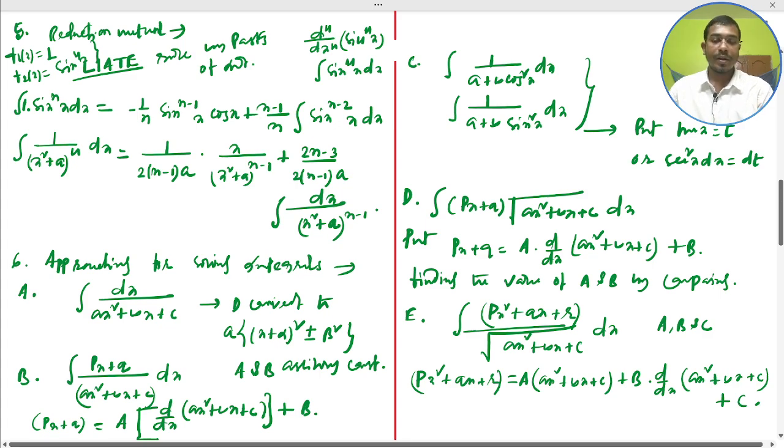In the same way, comparing the coefficients of the powers of x, we find the values of a, b, c. Wait, the next form number 6.